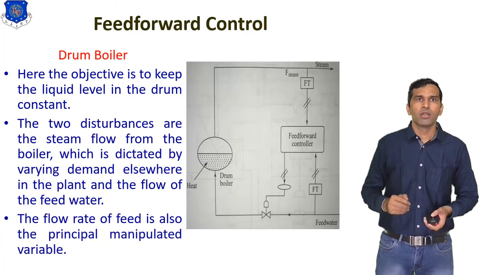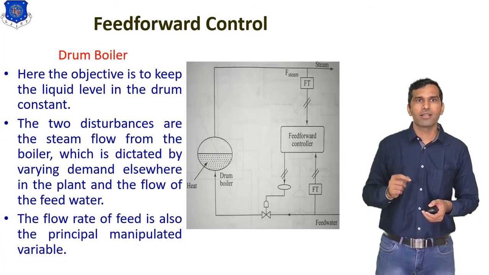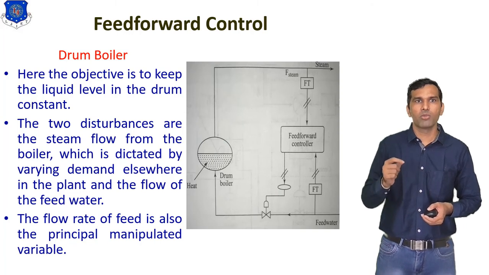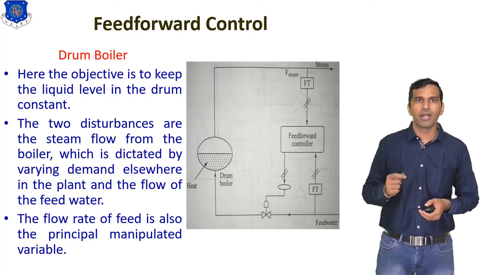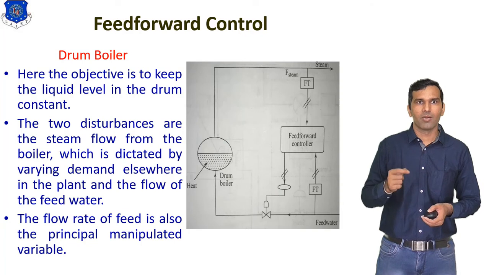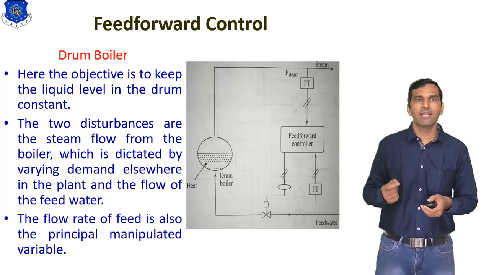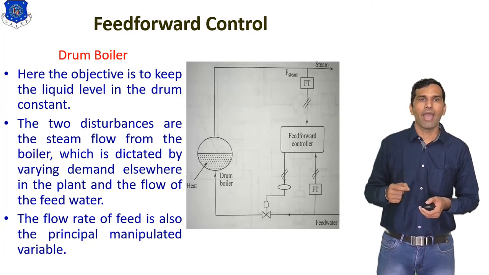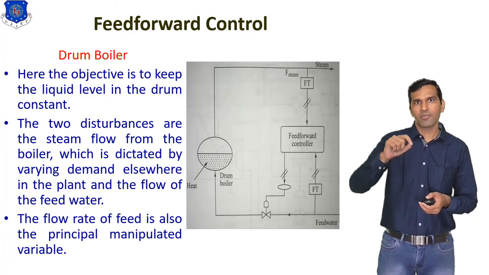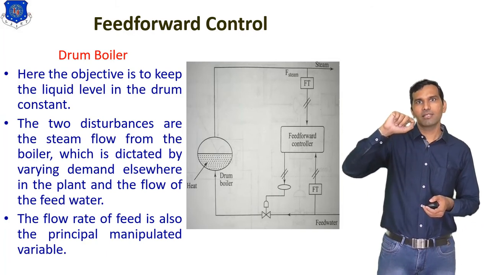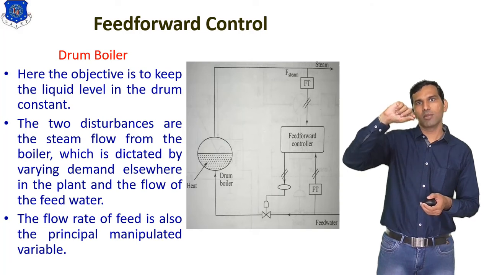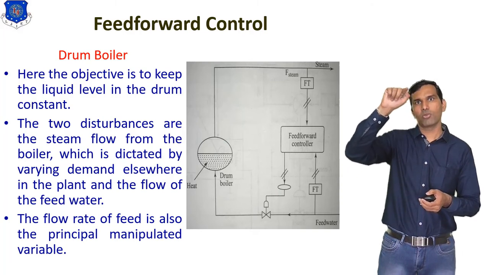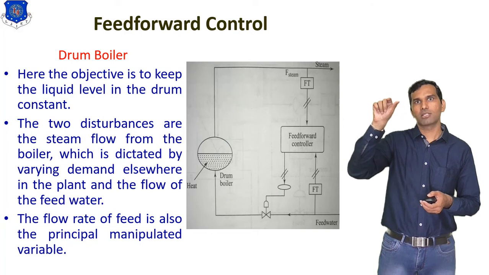The two disturbances are the steam flow from the boiler, which is determined by the varying demand elsewhere in the plant, and the flow of the feed water. That means the disturbance is created in the outlet steam flow rate. In the upper portion you can see this is the outlet steam flow rate.